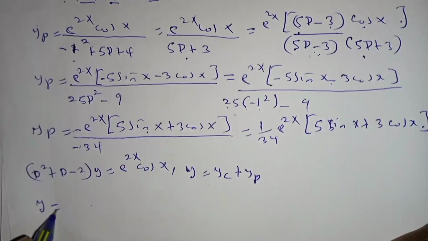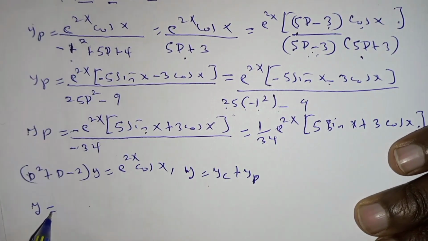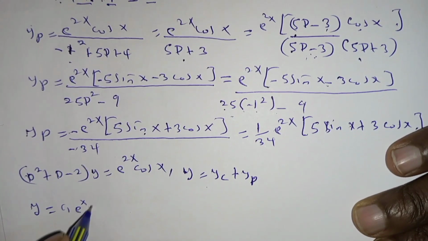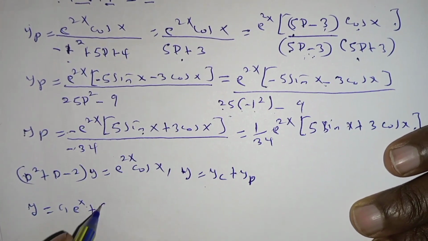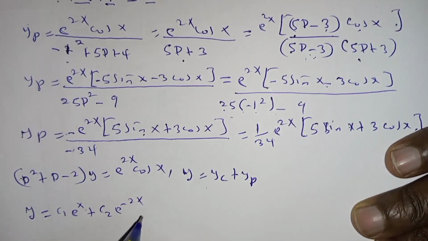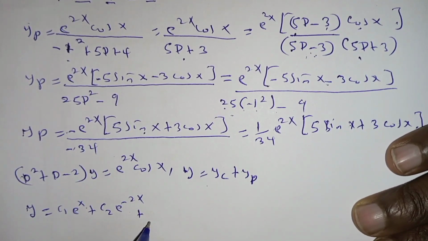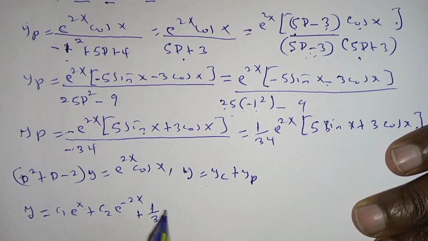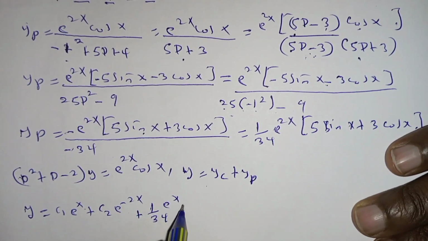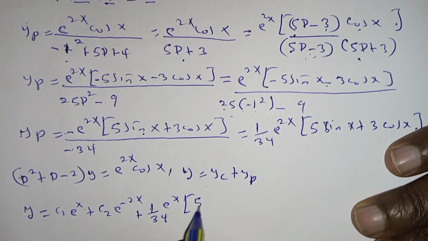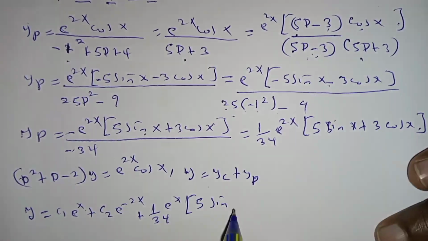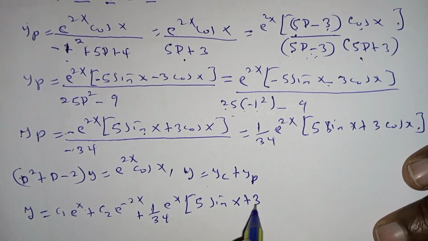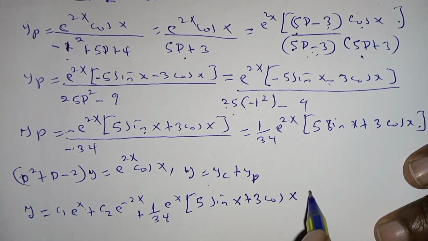So our y is equal to c1 exponential x plus c2 exponential negative 2x plus 1 over 34 exponential x into bracket 5 sine of x plus 3 cos of x.